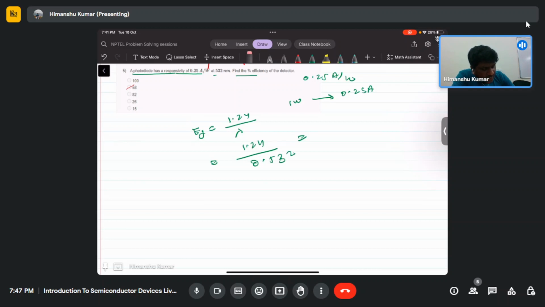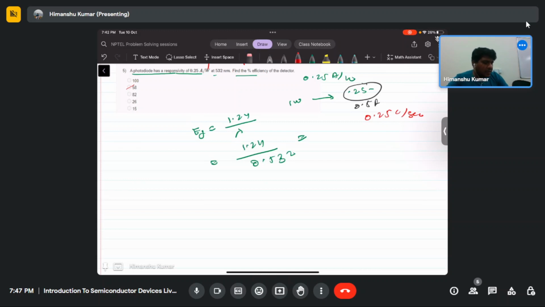The current is basically the number of electrons you have produced. So 0.25 ampere means 0.25 coulomb per second. This much charge you have produced.